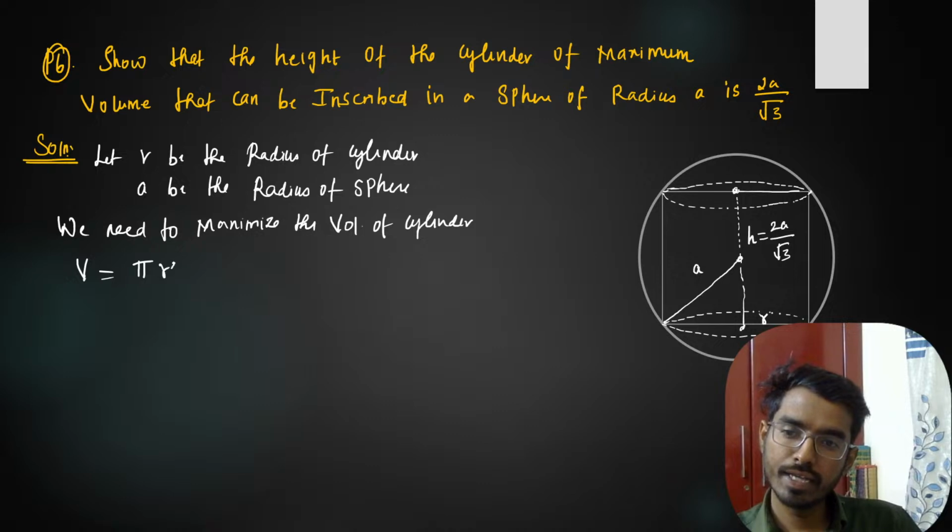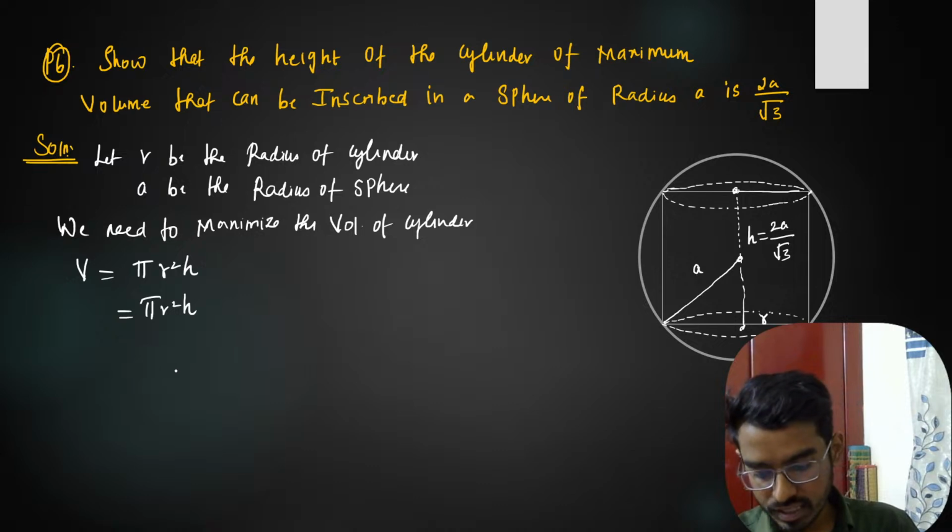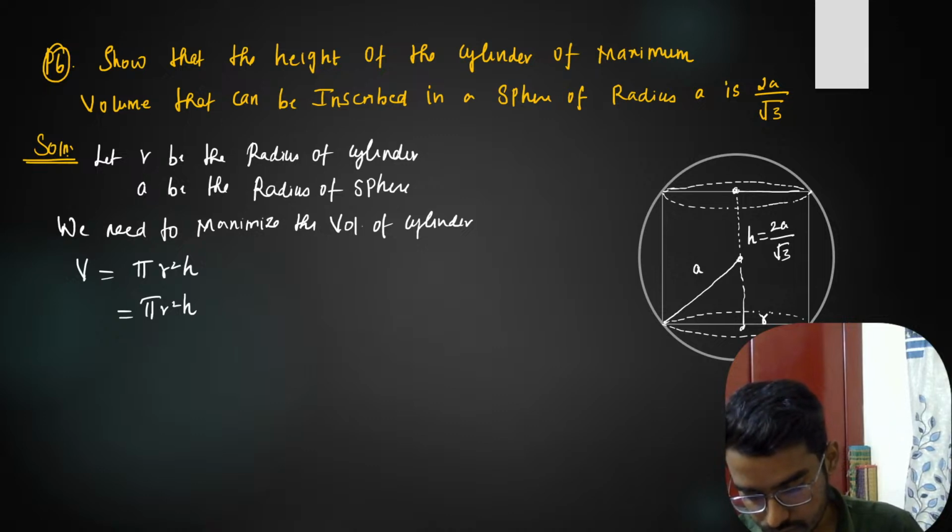Pi r square h. The radius is r, so pi r square into h, right? Here h is the height of the cylinder.